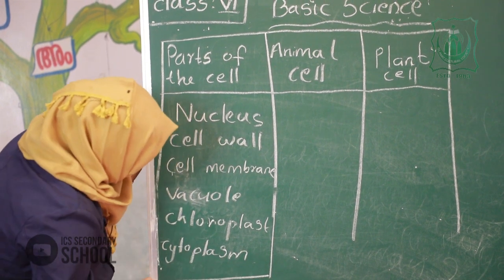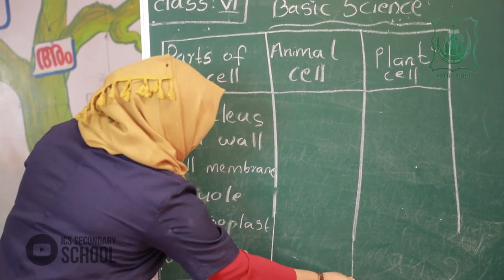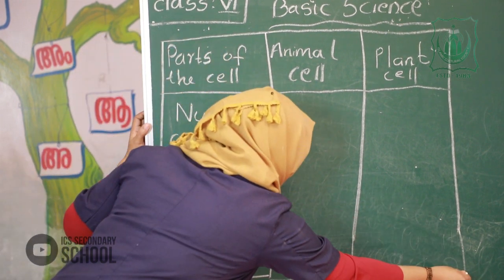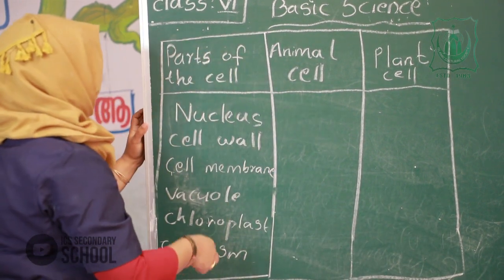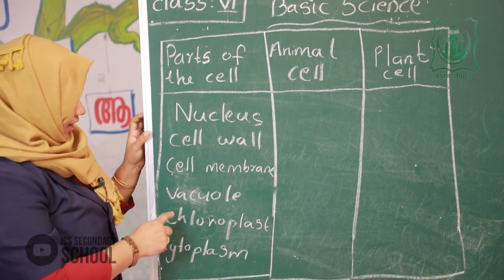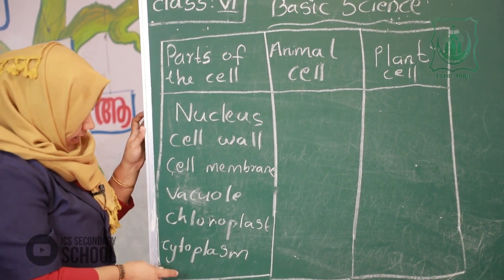Yes, we know the parts of cells. These are the parts of plant cell: nucleus, cell wall, cell membrane, vacuole, chloroplast, and cytoplasm.